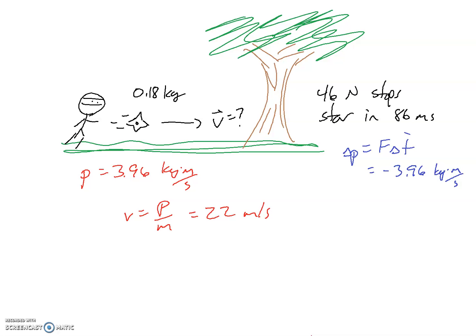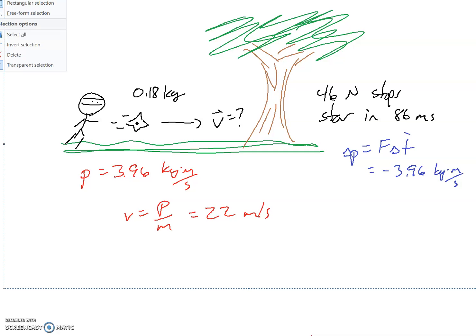All right, so let's try a third scenario here. Let's get rid of this. All right, let's try something else. Let's draw sort of like a hill. And let's say up here we've got somebody on a skateboard on top of the hill.